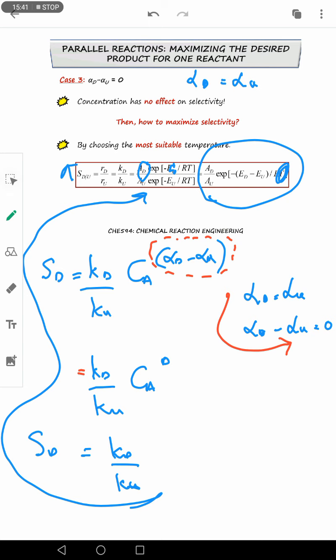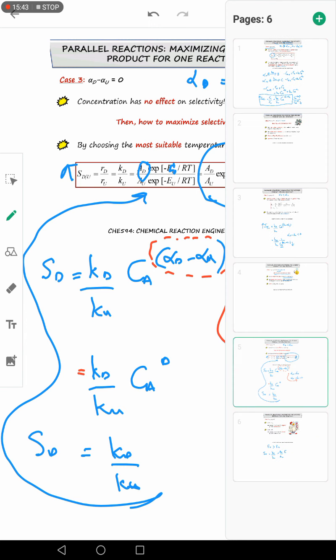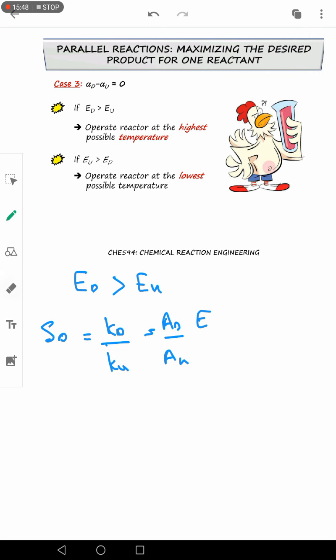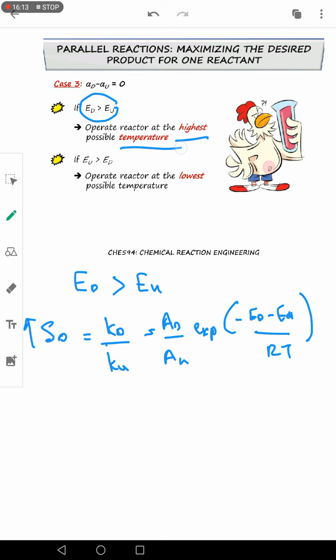Okay. So exponential negative ED minus EU over RT. But if this is the case, ED lebih besar daripada EU, in order to maintain high selectivity, you have to operate the reactor at the highest temperature possible.